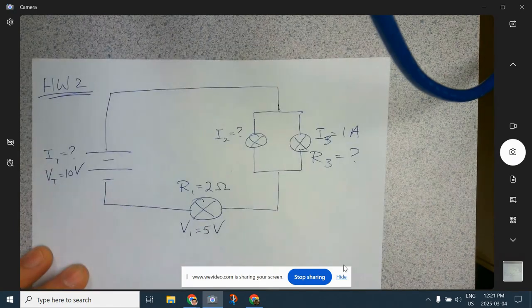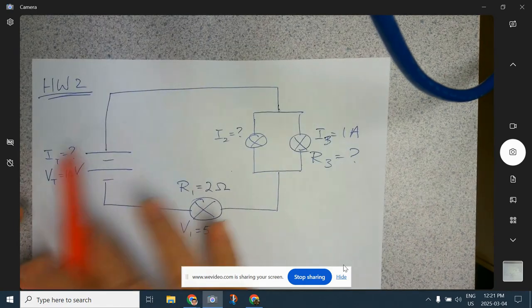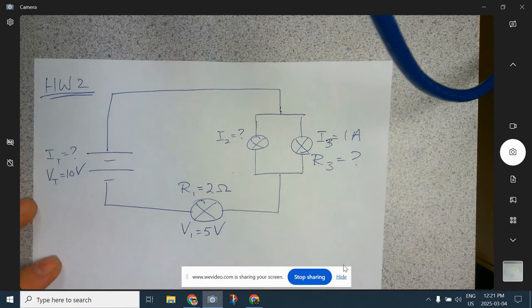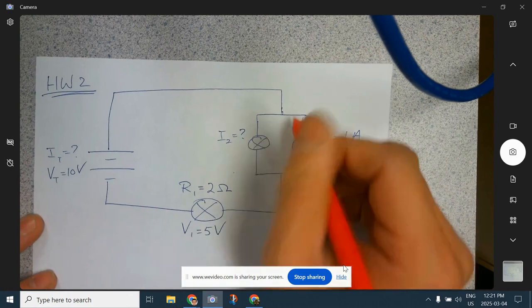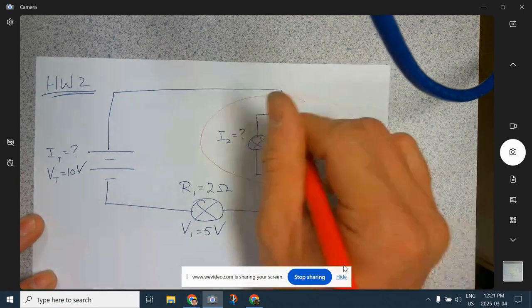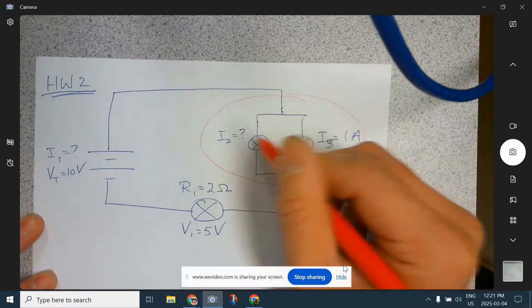Now, question number 2 is tricky because at first glance, it's a combination between a series circuit and a parallel circuit. So 2 and 3 here are parallel to each other.